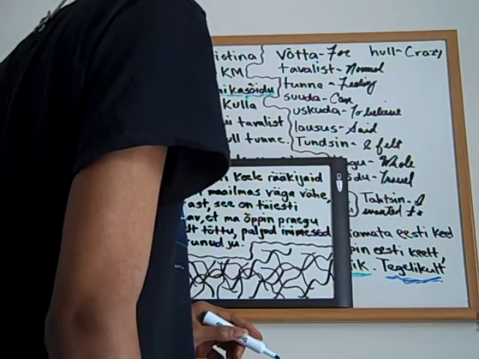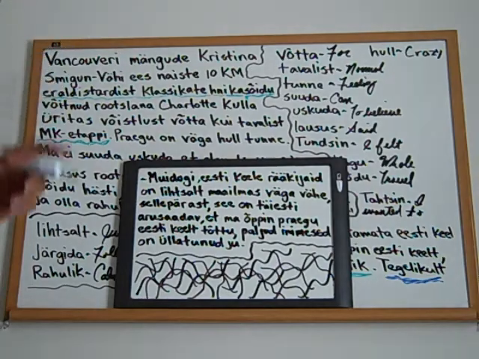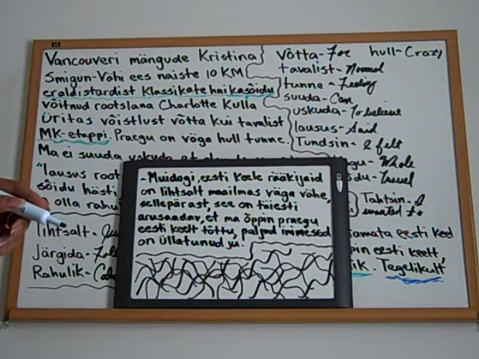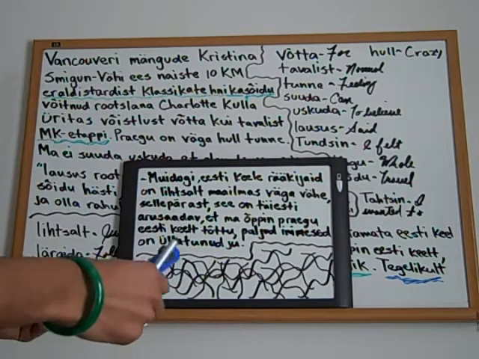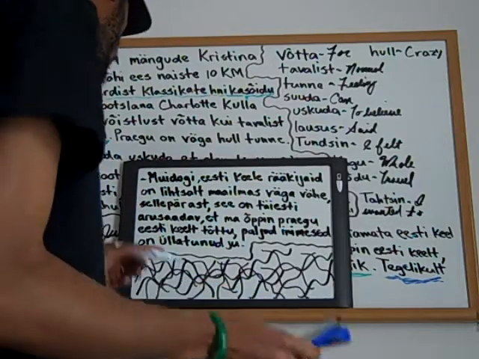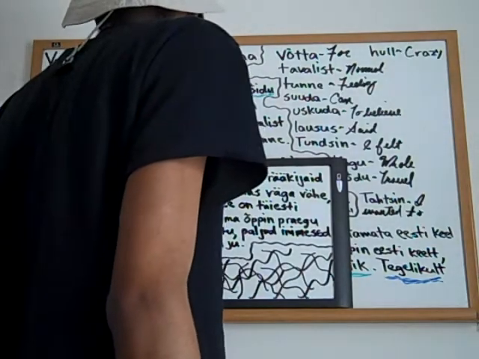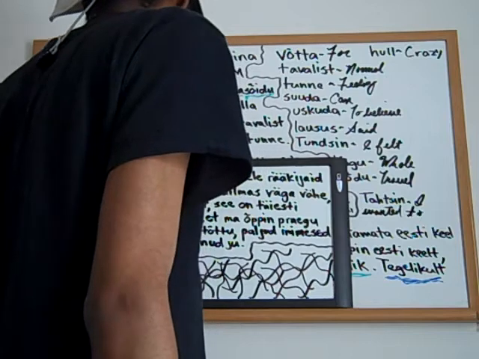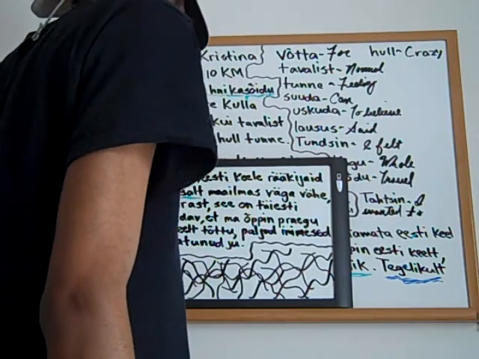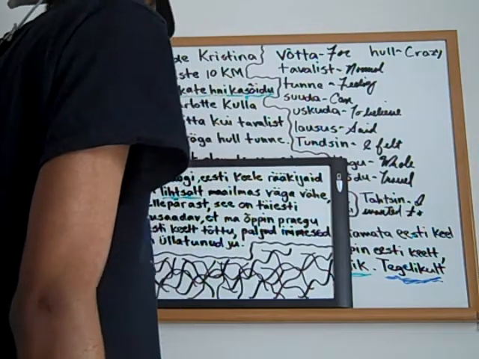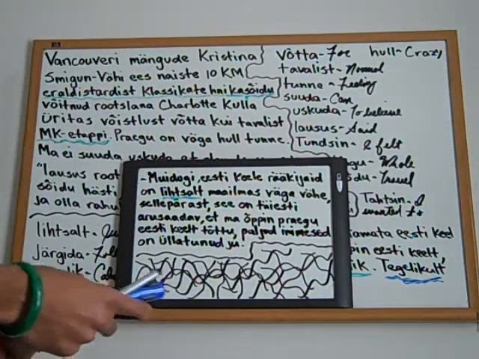Did I even use any? I don't think I used anything. I just used a bunch of keywords. I didn't even take anything. Oh, okay, lihtsalt. There's one. Yeah, I just used lihtsalt here. I didn't use anything else.